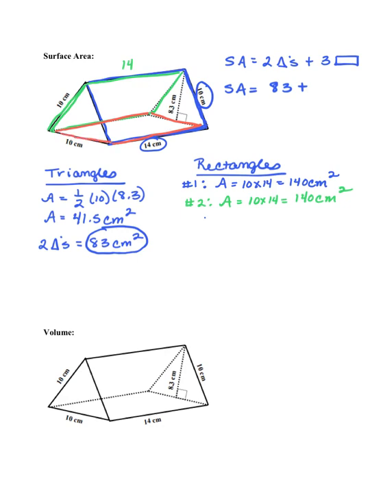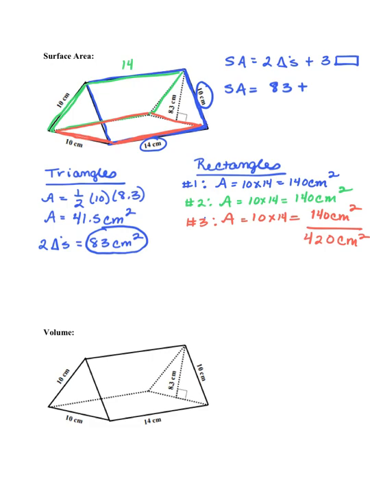Now we're going to do this one on the bottom that it's sitting on. That's going to be number 3. And that one has an area of 10 by 14 as well. Okay, the width is 10, the length is 14, so 140 centimeters squared. If we add these all together, that means all three rectangles, 420 centimeters squared is the area of all rectangles put together.